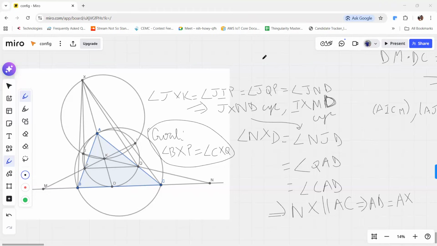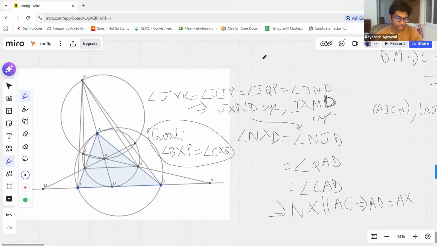AXB and AQX must be similar. Why is that? They must be, but I don't have a proof. Is there anything we can prove?